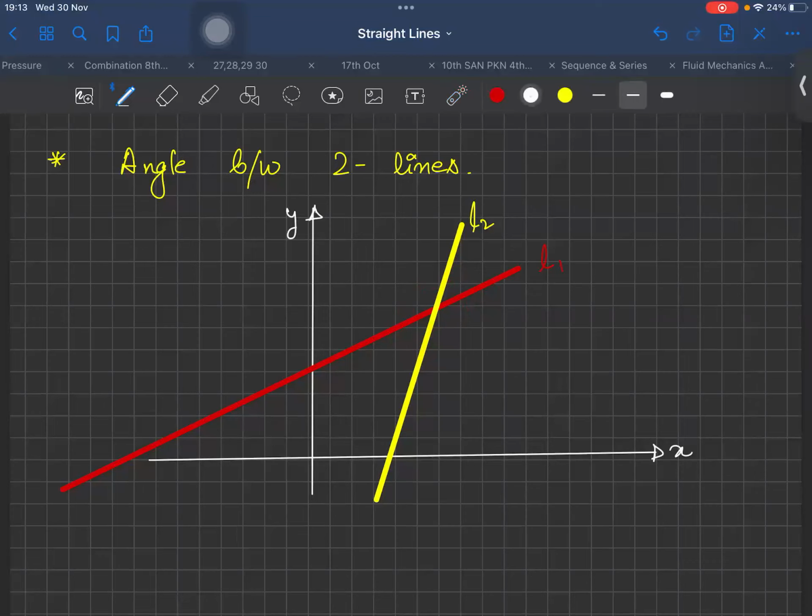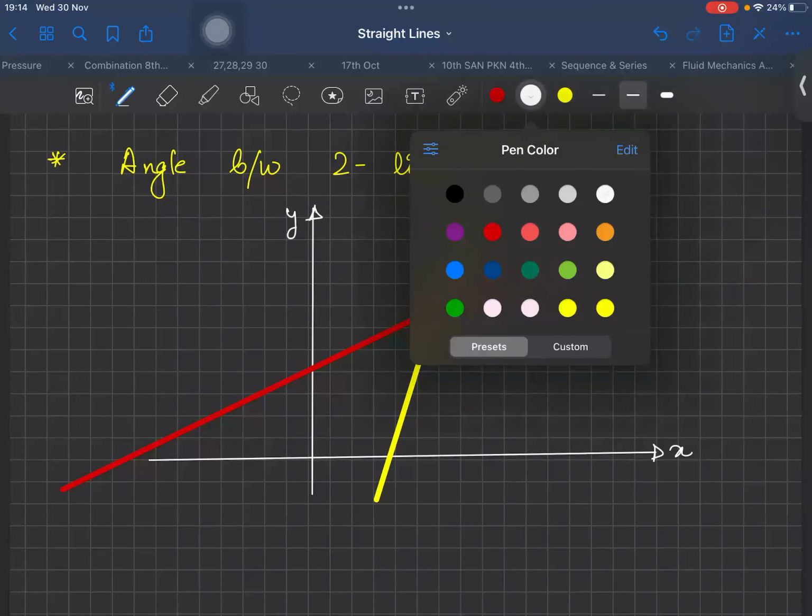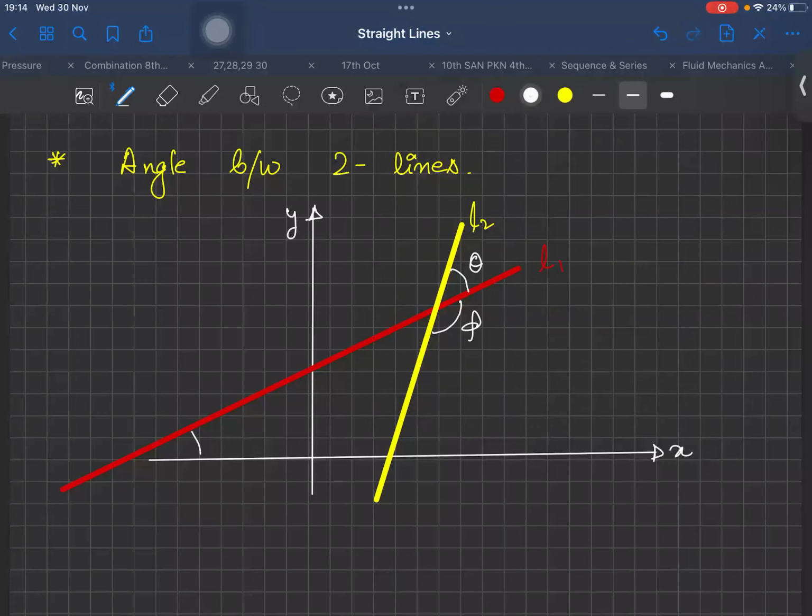So let's say the angle is theta, like you said. And let's say this angle be phi, as it is given in your book. So I'll also be using that. Now, let's say this red line L1 makes an angle alpha with the x-axis, and this yellow line L2 makes beta with the x-axis.